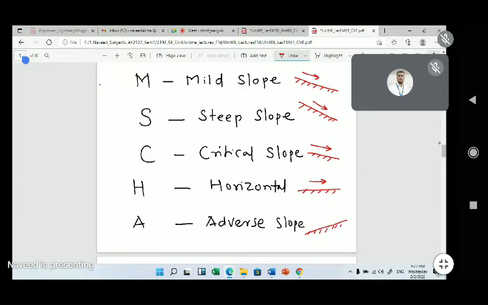Based on the types of slope, the profile of your flow is changing.